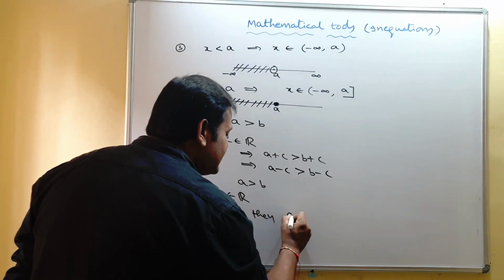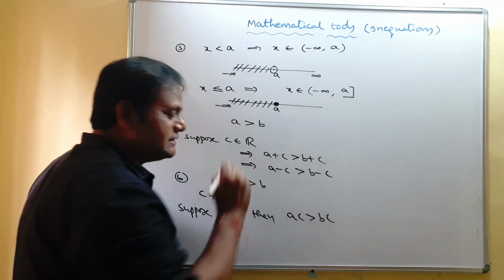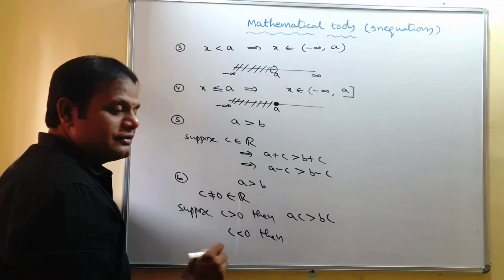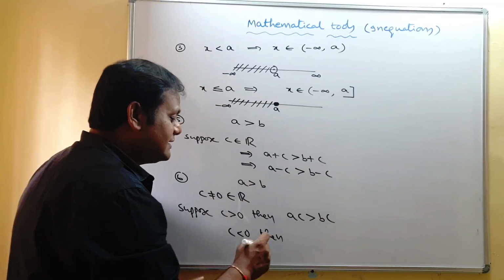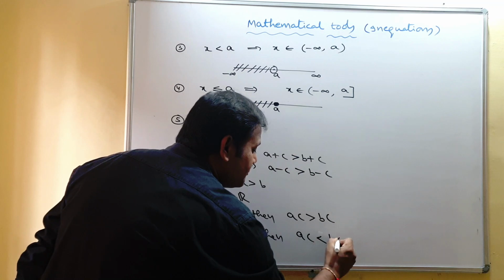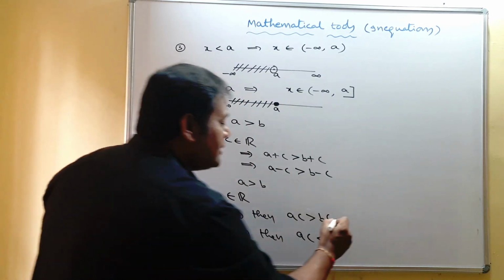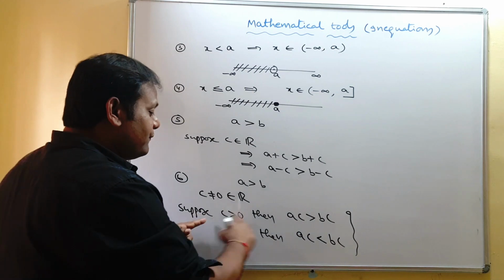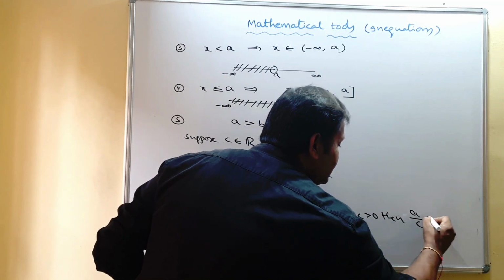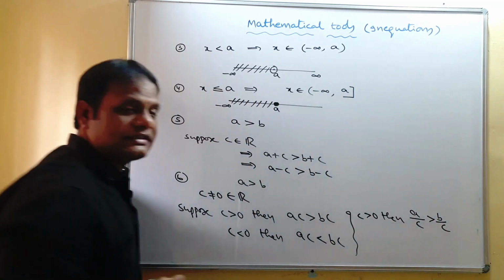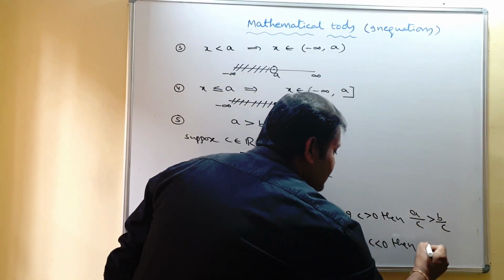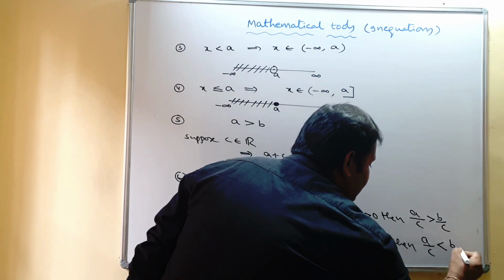That is, ac is greater than bc. Suppose c is negative, then inequation sign changes. That is, ac greater than becomes less than bc. And same story for division also. If c is positive, then if you divide with c, no change in inequation sign. But if c is negative, then inequation sign changes.